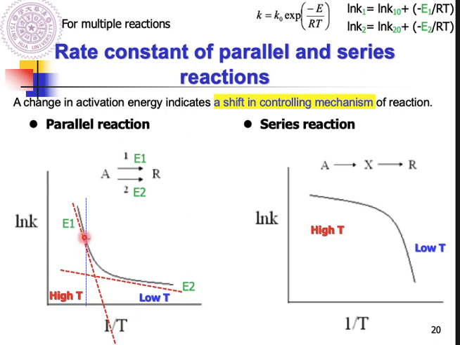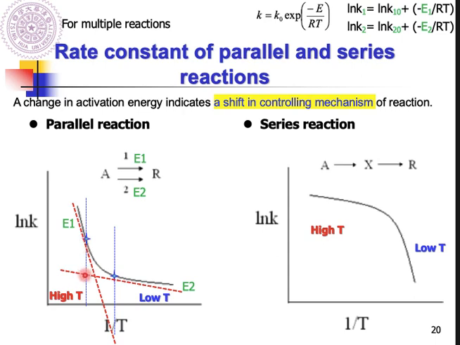Why? Because the K measured in our experiments is more close to that of the chemical reaction with E1 activation energy. E1 actually has a higher rate constant compared to this one, right?